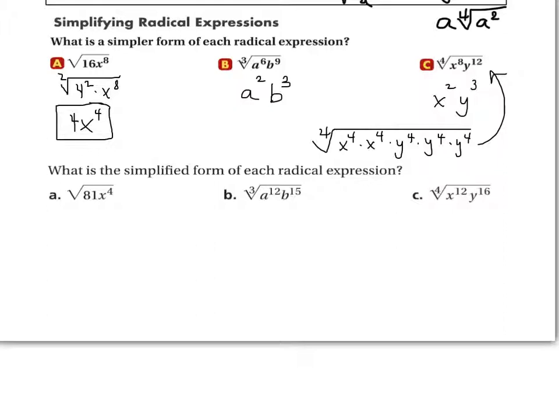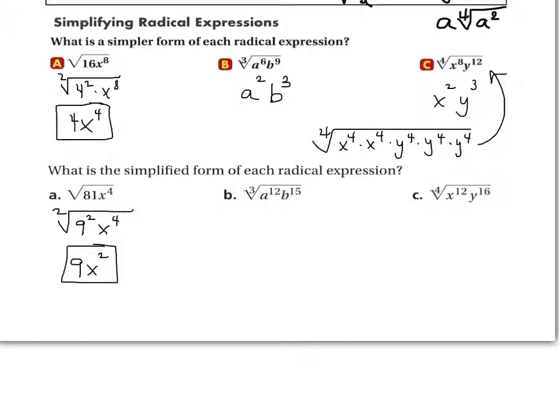So what's the simplified form of each radical expression? Letter A here. Again, I want to break down that number, so I've got the square root of, instead of 81, 9 squared and x to the 4th. The squares are going to cancel, so 9 comes out. And if I take 4 divided by 2, I end up with x squared left over, and this is my answer.